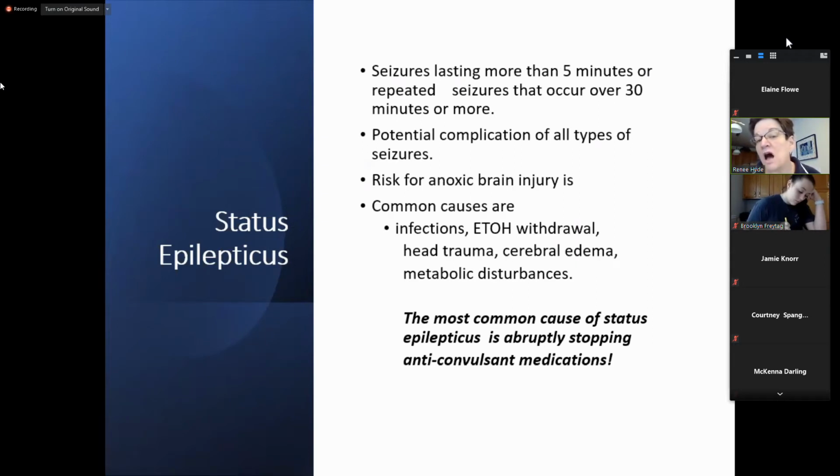But the most common type of seizure that we see status with are those tonic-clonic seizures. And what we worry about with that is the risk for anoxic brain injury. Remember, I told you that especially in those tonic-clonic seizures, the use of oxygen and glucose increases by about 400% because that's how much the metabolism increases.